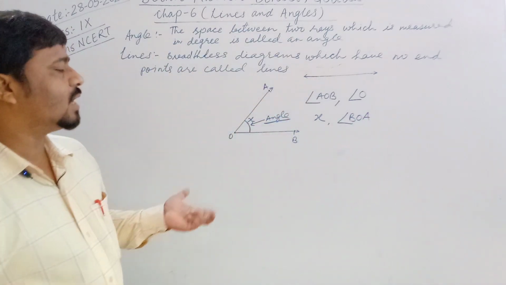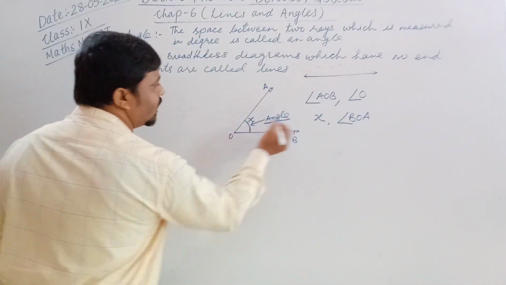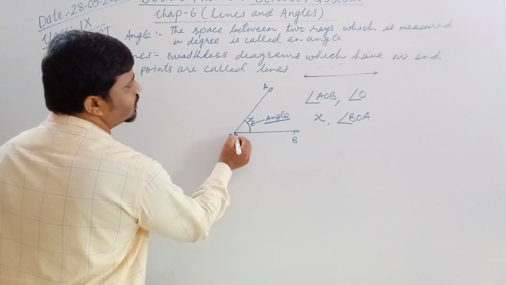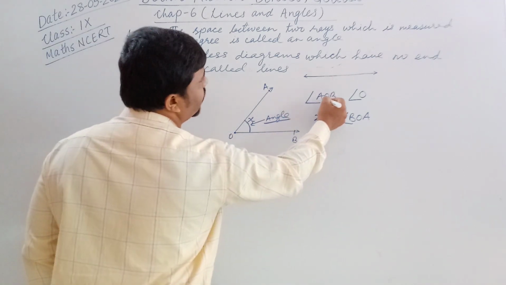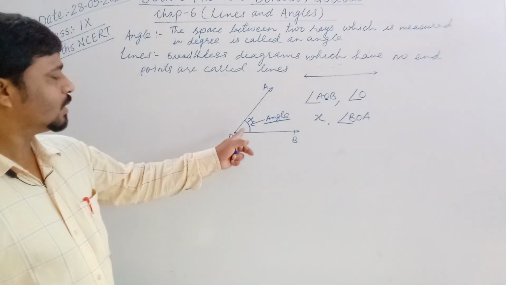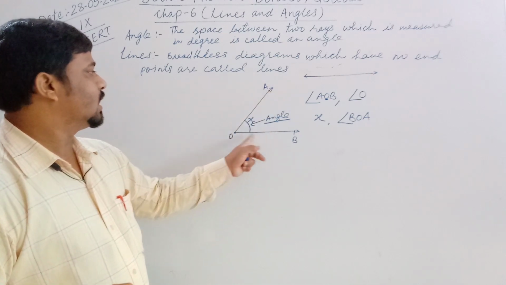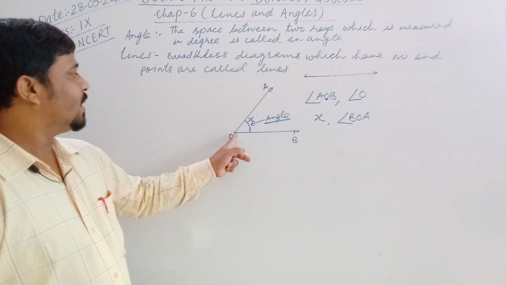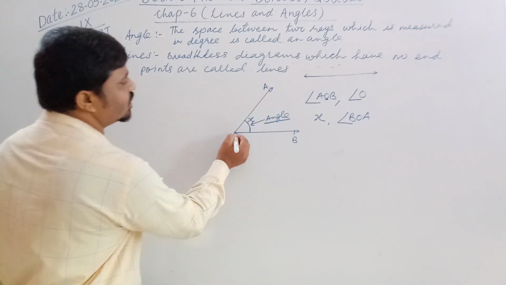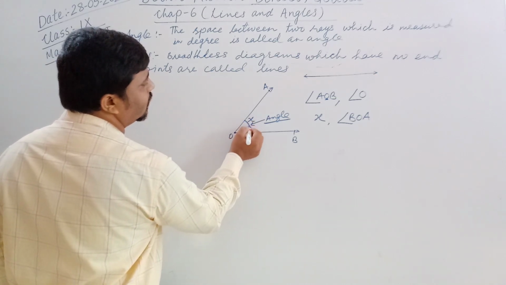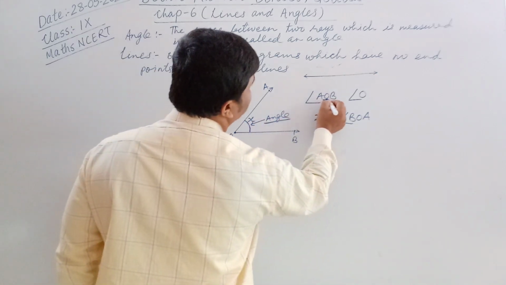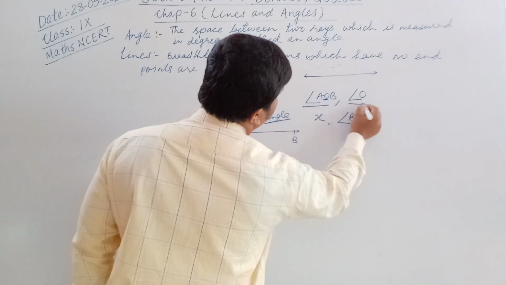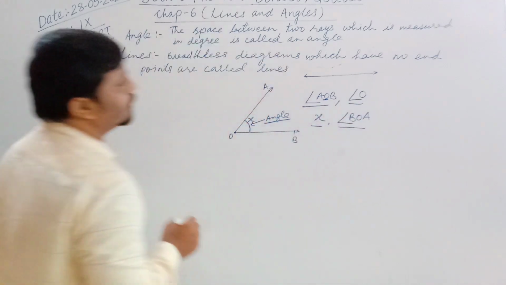If you want to take three letters, this point should be in the middle, because the two rays meet at this point. This point is called the initial point and it should come in the middle. So we can name it in different ways.